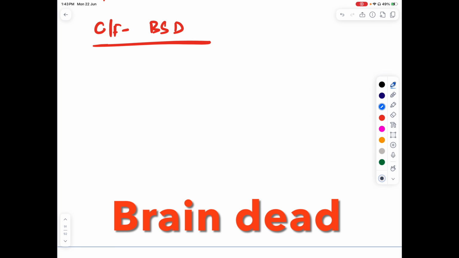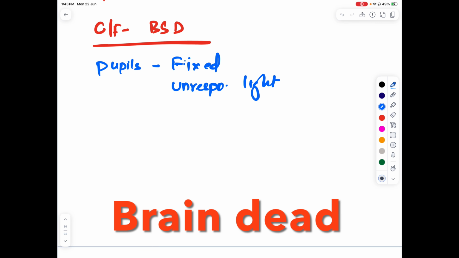First of all, pupils: they are fixed, unresponsive to light. Then corneal reflex, which tests pons, 5th and 7th cranial nerves.